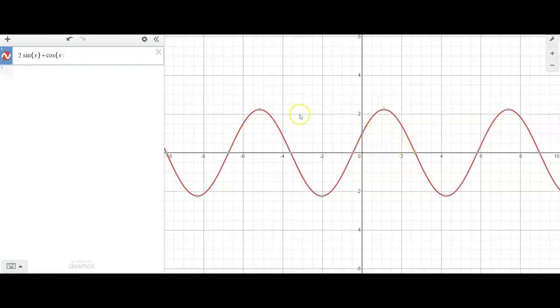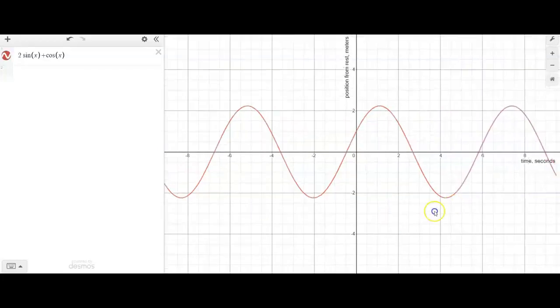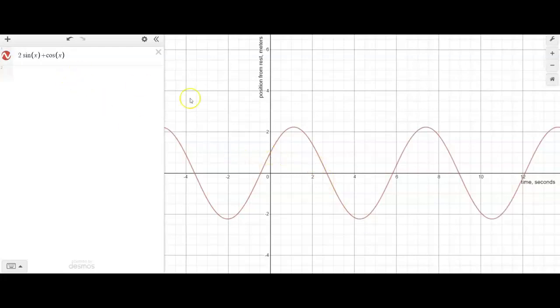So here we have the solution, 2 sine x plus cosine x. And remember, one thing that we want to note here is the x-axis is time, and this is going to be measured in seconds. The y-axis is position from rest, measured in meters. And so one thing that we want to just verify in this solution is what's the initial condition?